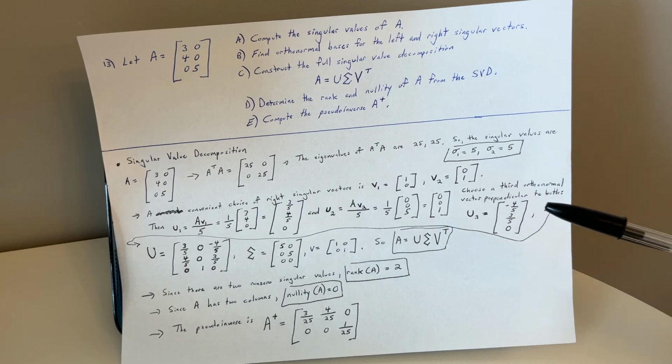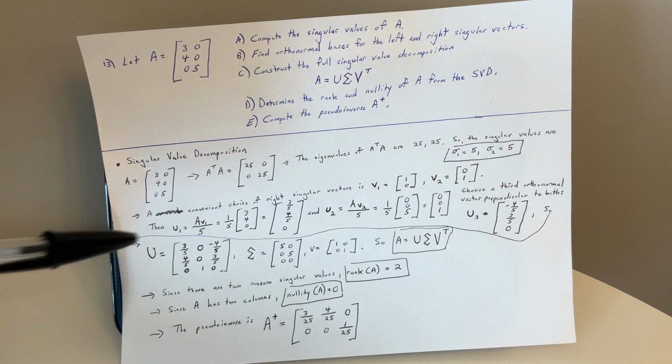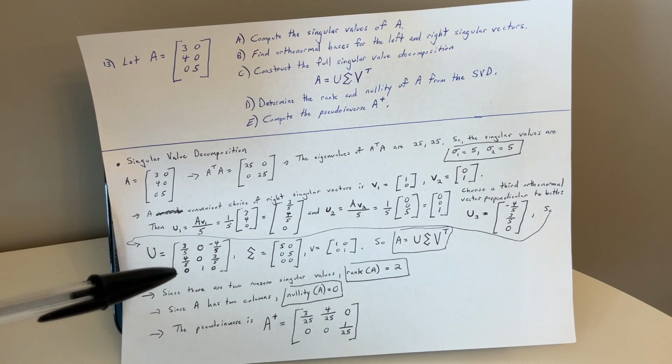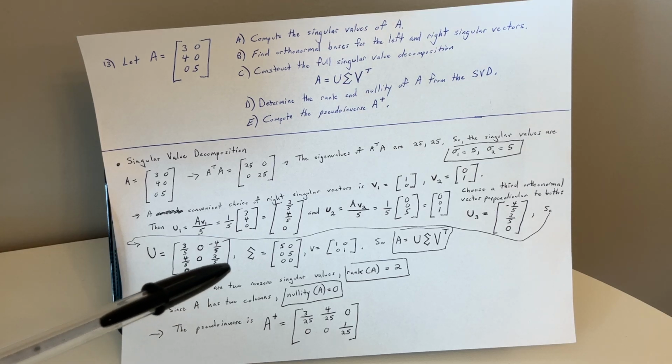So choose a third orthonormal vector perpendicular to both. U sub 3 is negative 4/5, 3/5, 0. Okay, now going over here, U equals this matrix: first row 3/5, 0, negative 4/5; second row 0, 1, 0; third row 4/5, 0, 3/5.